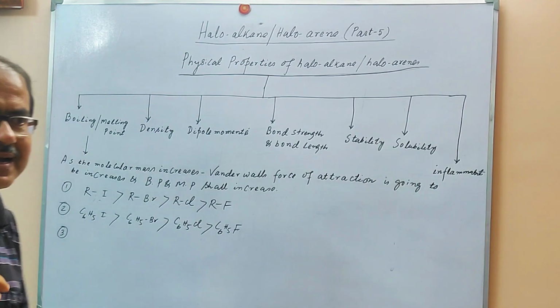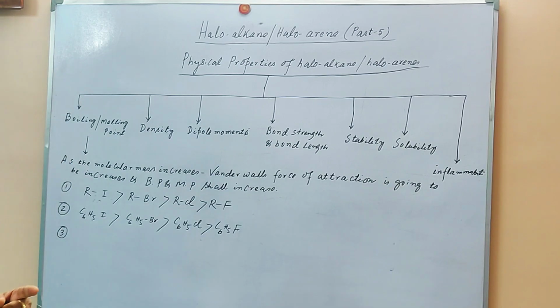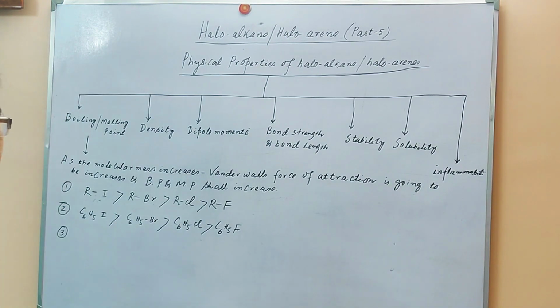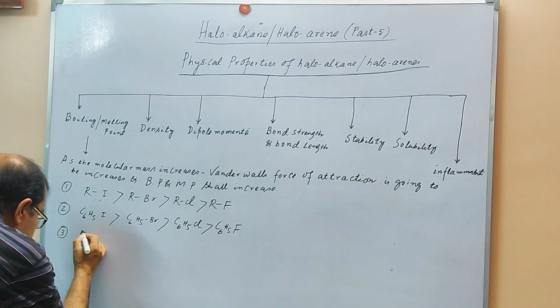Now for the alkyl group, when the alkyl chain is changing, what will be the order of increasing boiling point?